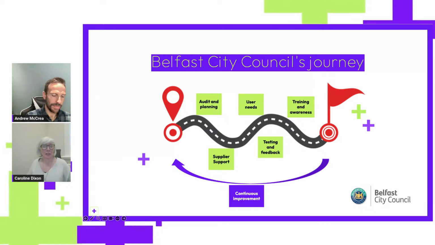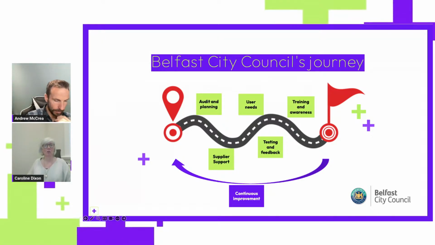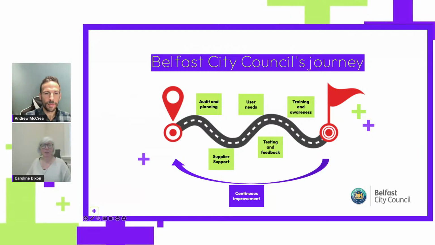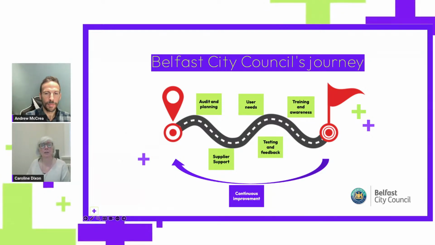Next step is understanding your user needs and getting to grips with the diverse needs of users with disabilities, including visual, auditory, motor, and cognitive impairments. Andrew's touched on that, how we were able to tap into one of our disability groups. They were great to meet with, and we had a lot of learning from them.